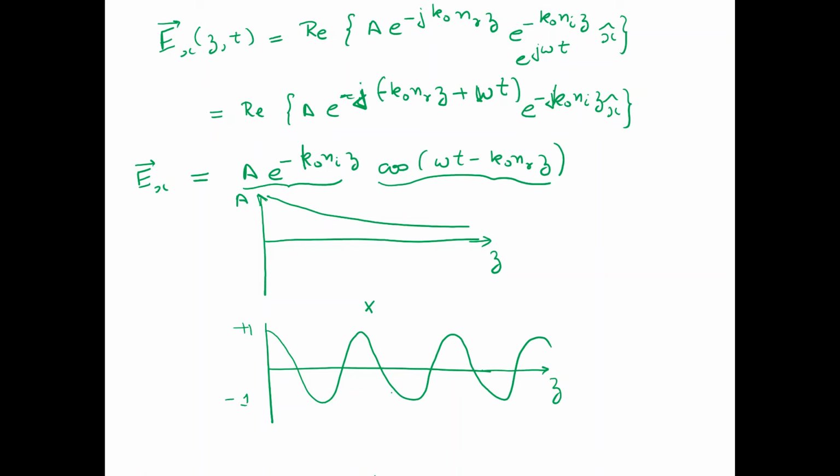There is one function which is varying fast with z, in periodic fashion, and another function which is varying slowly in z. Anytime you have to do this multiplication and visualize, what you do is take this slowly varying function and create an envelope.